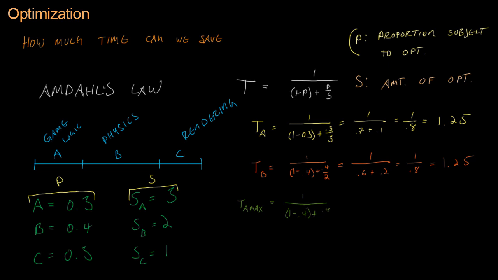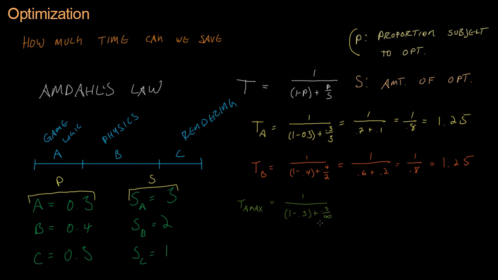So we're going to use 0.3. I can't talk and write at the same time. So 0.3 plus 0.3 over, we'll just put infinity here, okay? That represents, let's say we put it in that infinite computer and we got infinitely better running time from just the game logic.